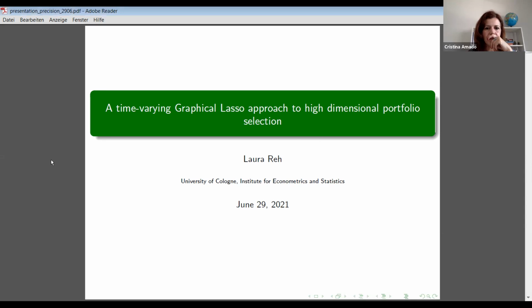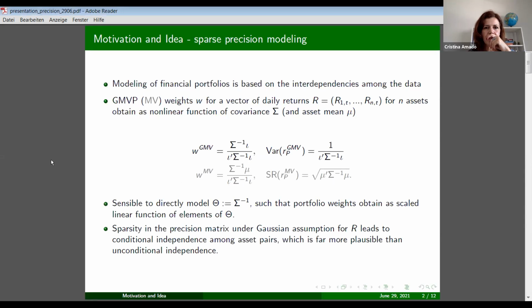So clearly, when we construct financial portfolios, unless we consider very simple allocations like the equally weighted portfolios, the portfolio construction is always based on the interdependencies among the data, among the correlation structure of the data.